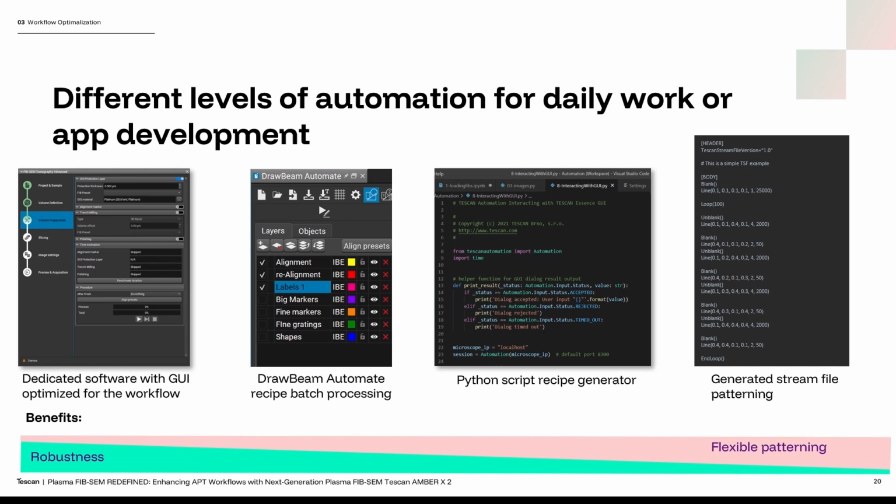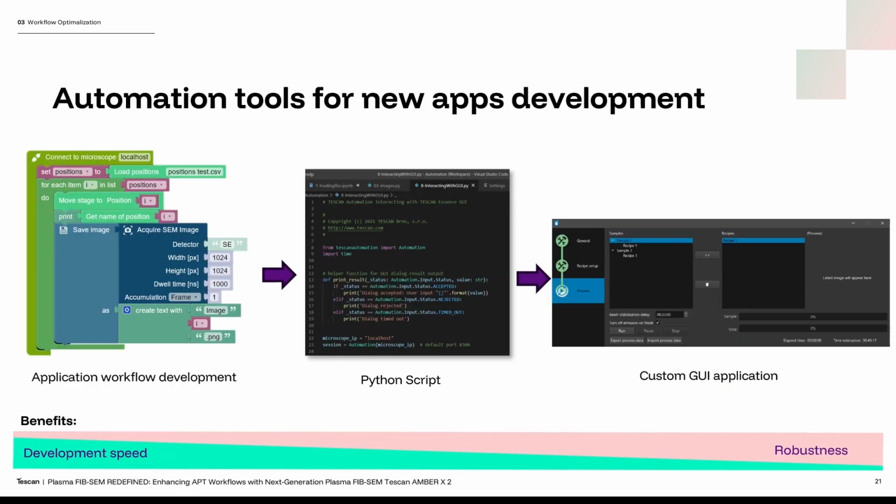Another option is to use Python scripts to write your own recipes, or you can also use stream files for some patterning applications. Looking more closely at the potential of some new application developments, there's also the possibility to use visual coding to prepare your Python scripts that can later be transferred to a custom GUI application that again reflects more robustness.